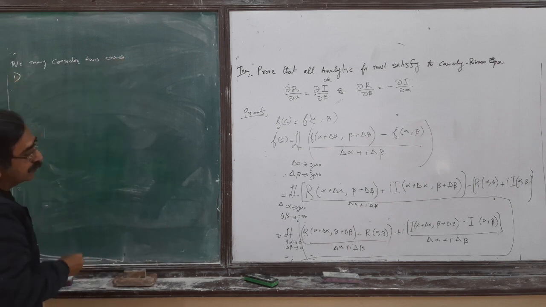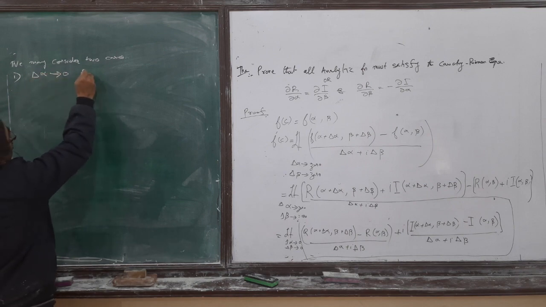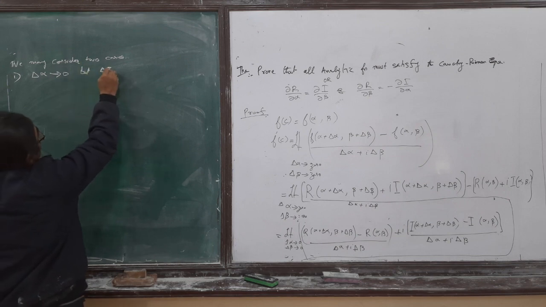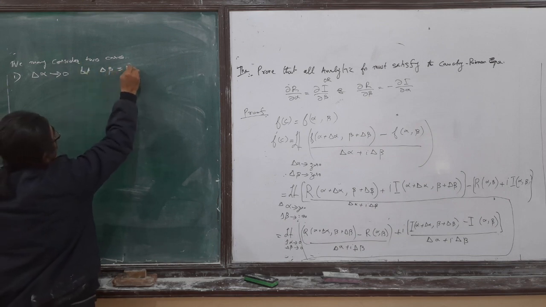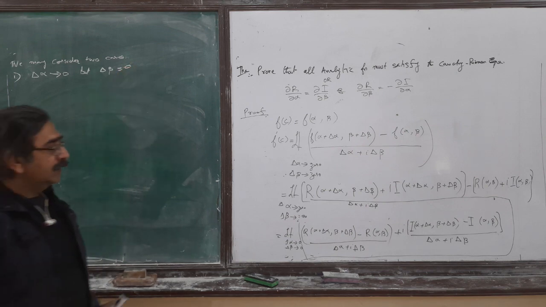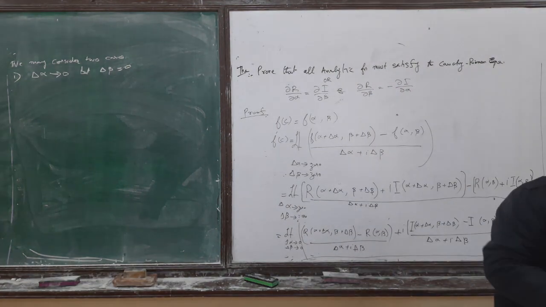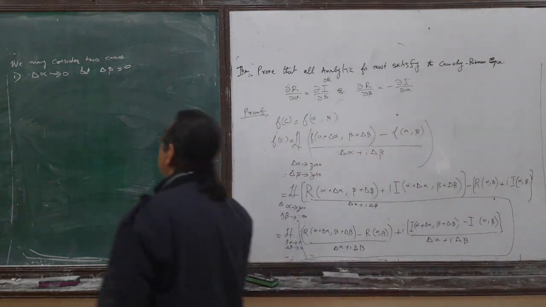One, delta alpha approaches 0, but delta beta equal to 0. Okay. As partial derivative, one will be treated as a constant and one will be variable. Okay.